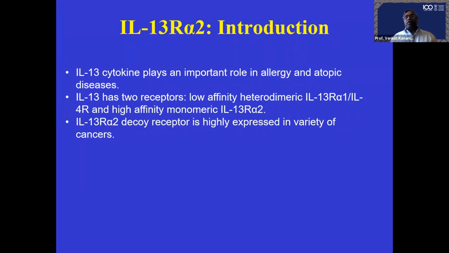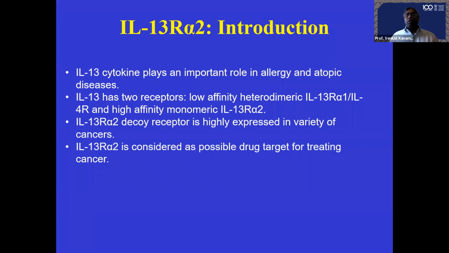The alpha-2 receptor is a kind of decoy receptor because it had no functional domain until recently, but recently people did identify some functions. But for common purposes, we can consider it a decoy receptor that is highly expressed in many cancers, and therefore it can be used as a drug target.